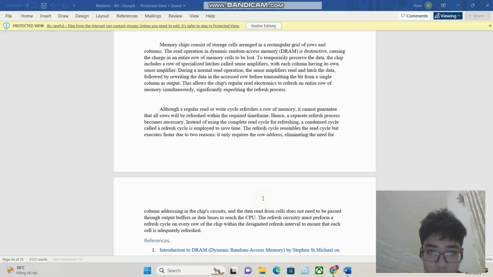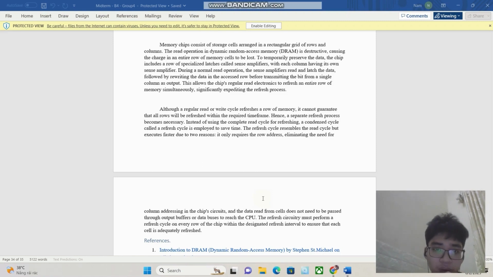During a normal read operation, the sense amplifier reads the data, followed by rewriting the data in the accessed row before transmitting the bit from a single column as an output. This allows the chip's regular read electronics to refresh an entire row of memory simultaneously, significantly expediting the refresh process.